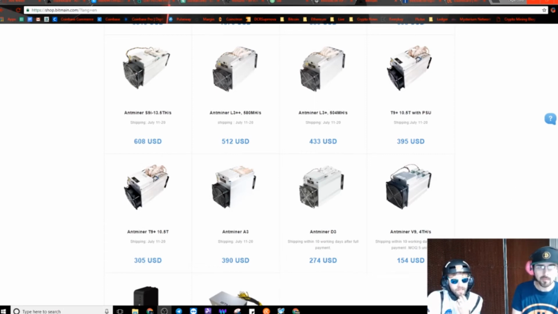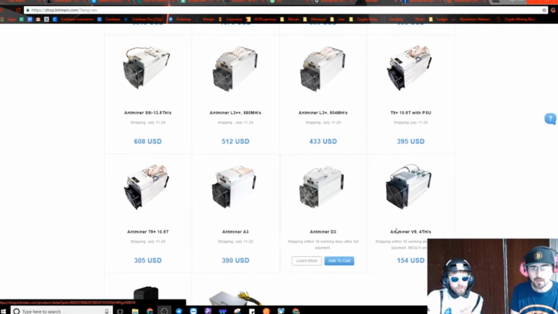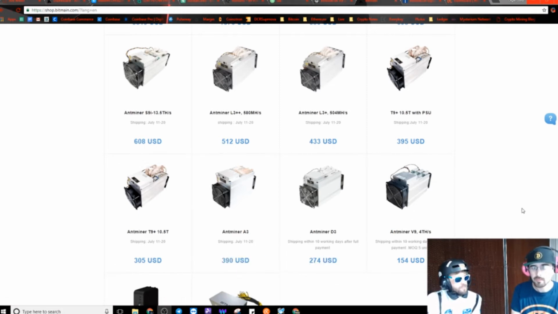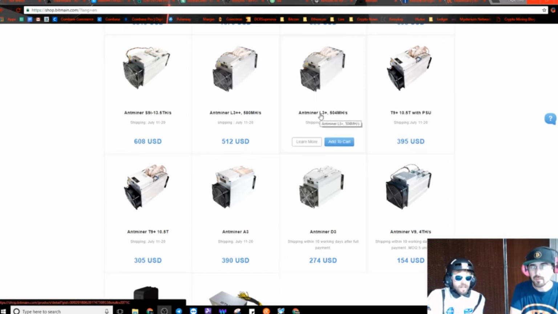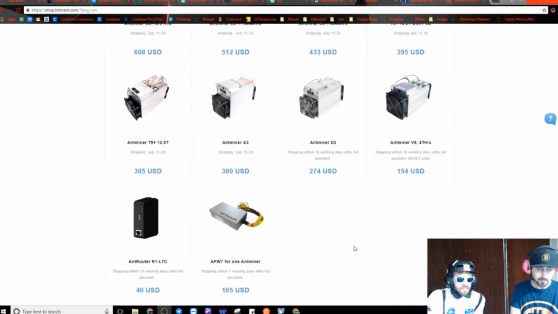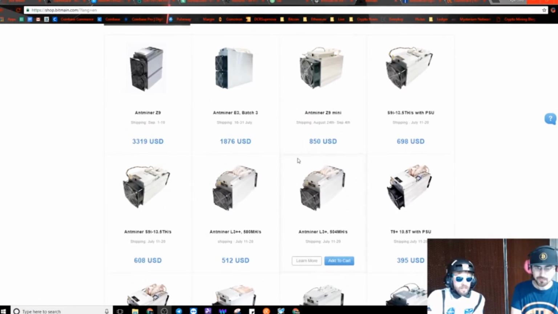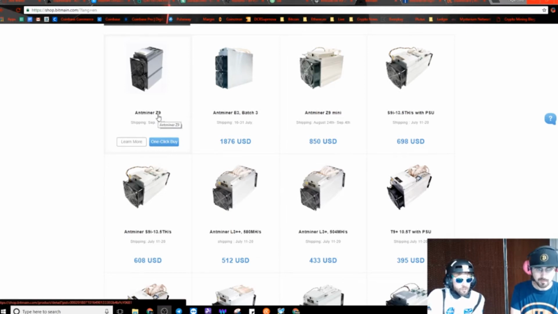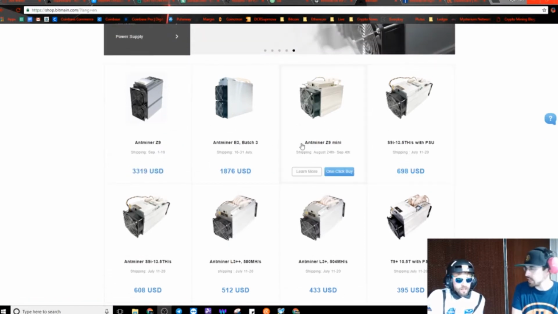Now, another thing that we were talking about is, what the flip are these letters and numbers for? They don't mean anything. Not to me. I mean, L3, you can assume that's Litecoin. Right. But then a B3 is Bytom. Z3, I guess you're assuming it's Zcash, or Zencash, one of those.